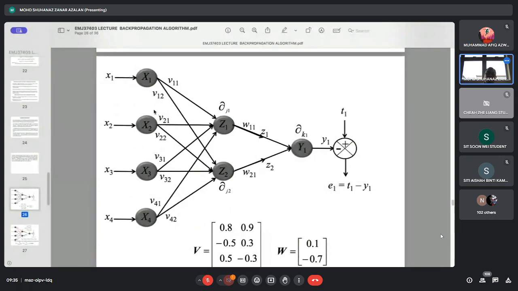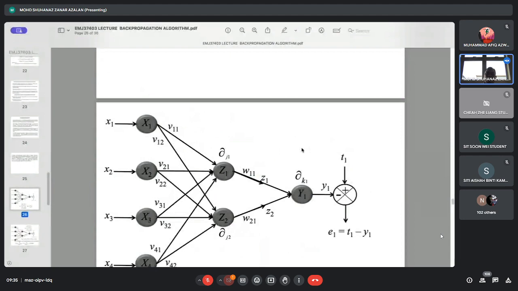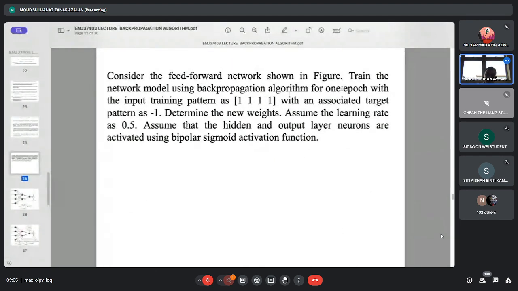We have 4 inputs, and then we have a hidden layer here, and then we have 1 output layer here. Okay, and the question asks us to train the network using the backpropagation algorithm. The question does not ask us to train until the delta is small, but just wants us to show how the weightage is updated.